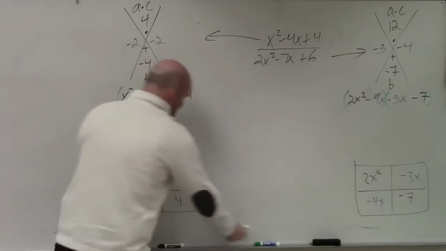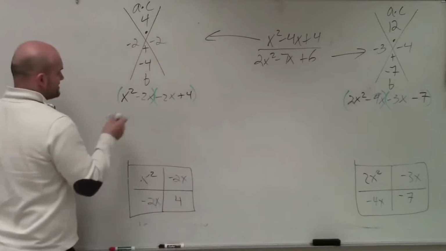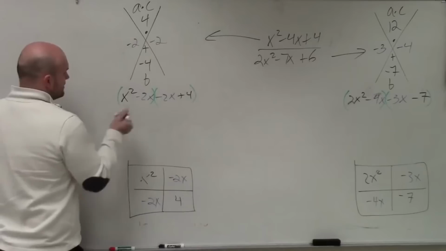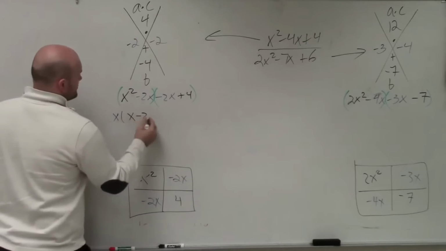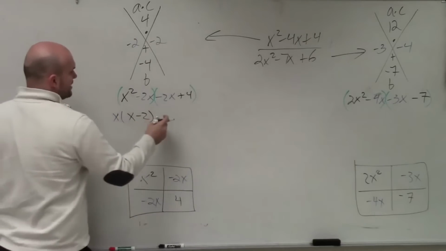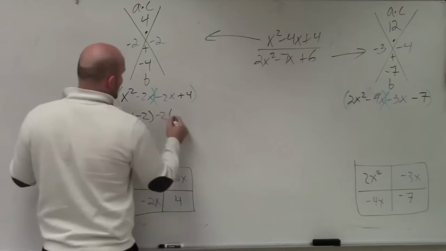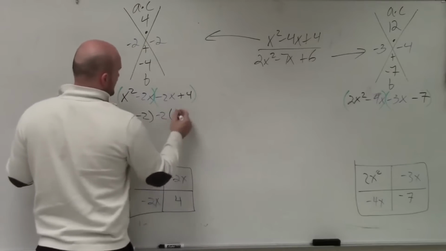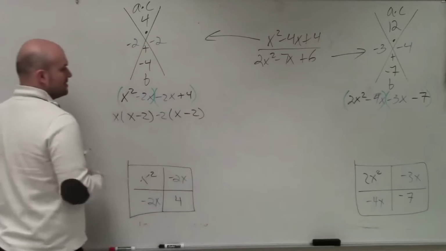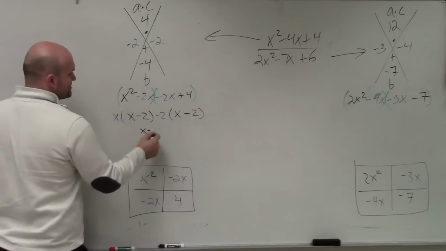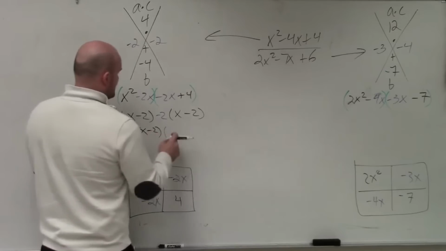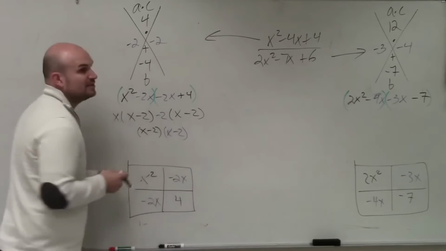Here, my two terms have in common an x. So when I factor out an x, I am left with an x minus 2. Here, they have in common a negative 2. When I factor out a negative 2, I'm left with an x minus 2. So therefore, I factor them out as x minus 2 times x minus 2, which is really x minus 2 squared.